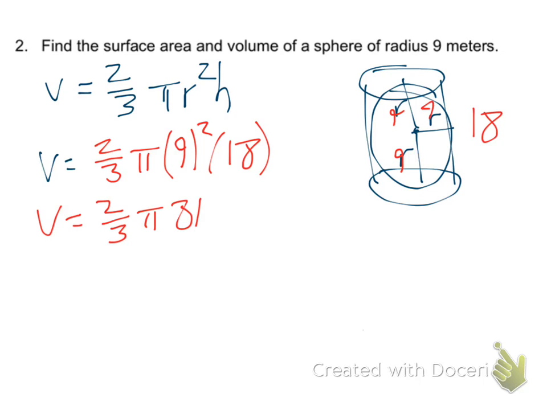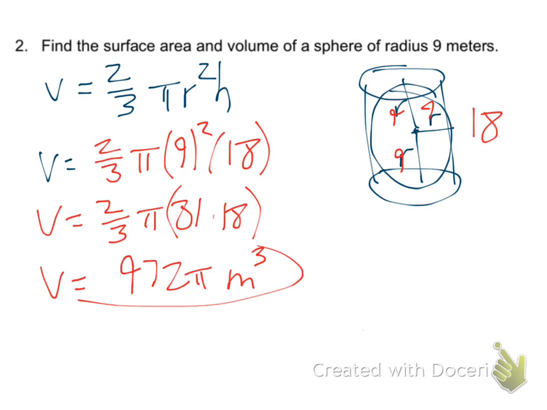So it's 81 times 18 times 2/3, which ends up being, people take your calculators out, wouldn't hurt, 972 pi meters cubed, because we're talking about meters.